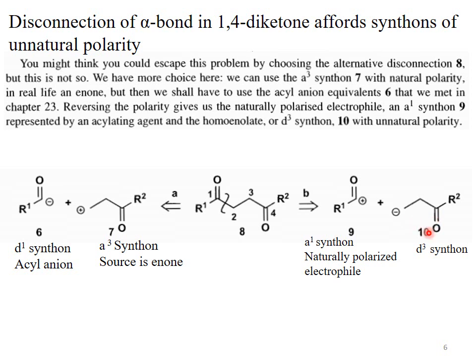So in an alternate way of disconnection of compound number 8, when again the alpha bond is disconnected, then we have an option that the synthon 9 may carry the positive charge and the other synthon may carry the negative charge. So if the negative charge is present at synthon 10, then it is called a D3 synthon, and compound number 9 is an A1 synthon.